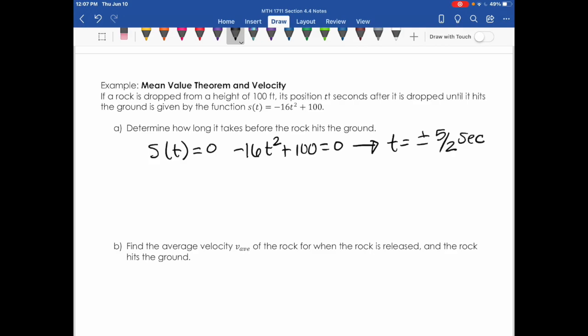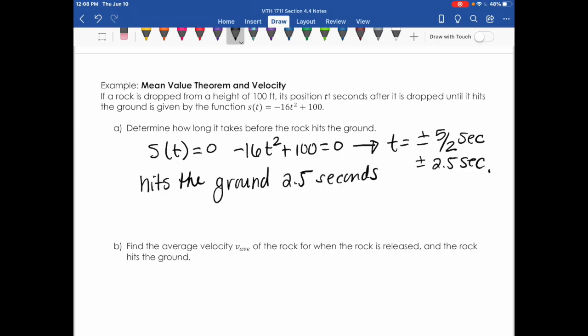And you would get that the time is plus or minus 5/2 seconds. So plus or minus 2.5 seconds if you want to put it in decimal form. Now, since we're only considering positive times, because it doesn't make sense to talk about negative seconds, we're going to say that it hits the ground 2.5 seconds after it's dropped.